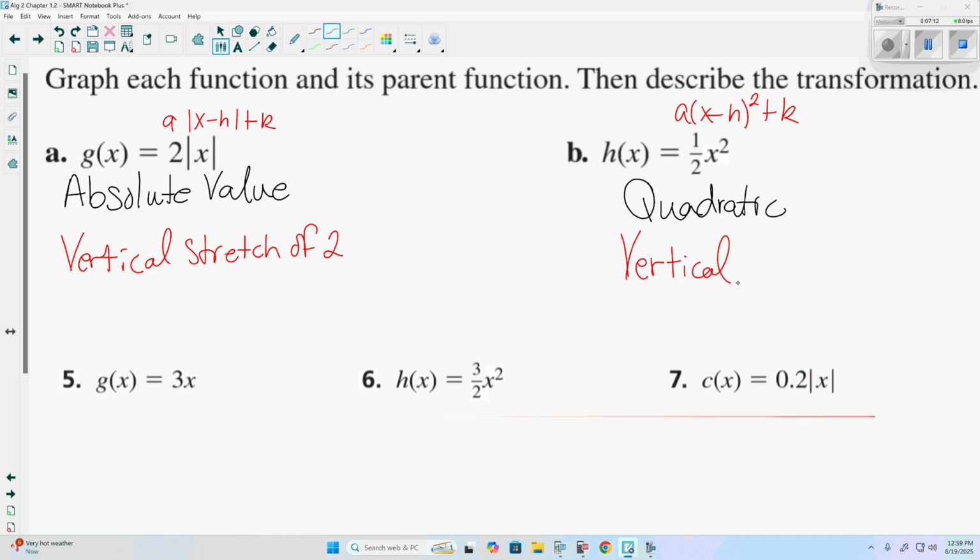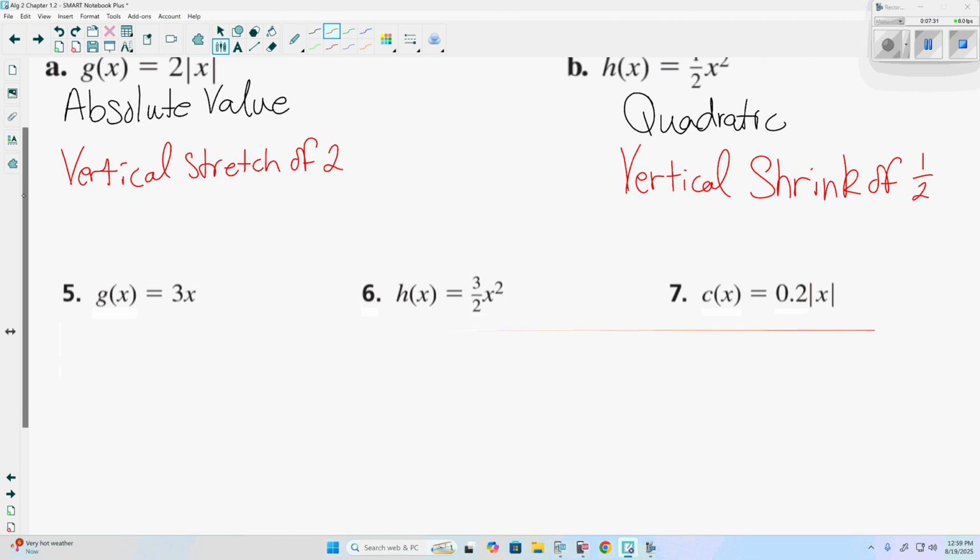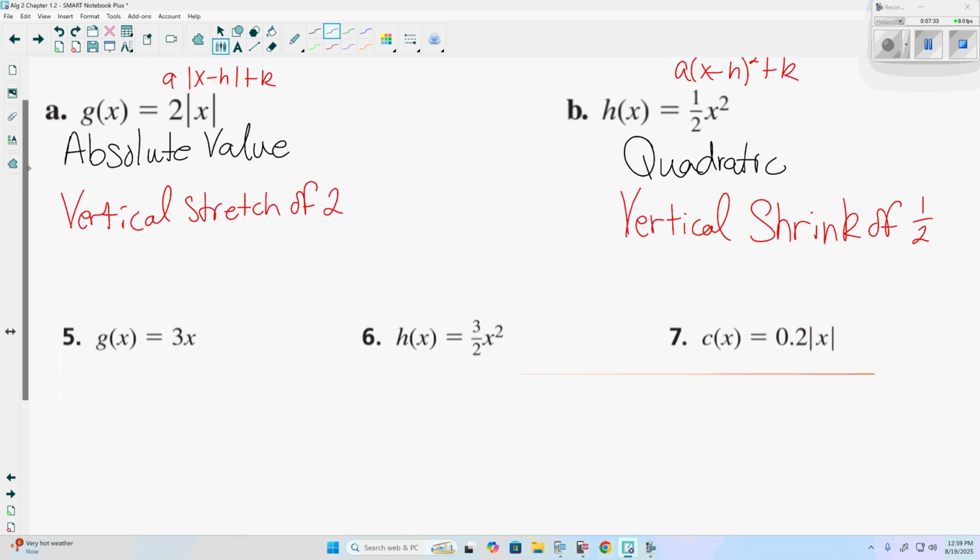Greater than 1 or between 0 and 1? It's between 0 and 1, so it'll be a vertical shrink of 1/2. And that's it. Questions on A or B?